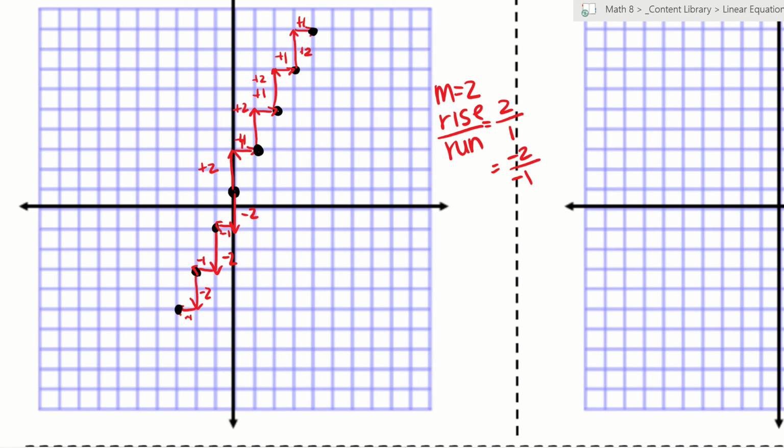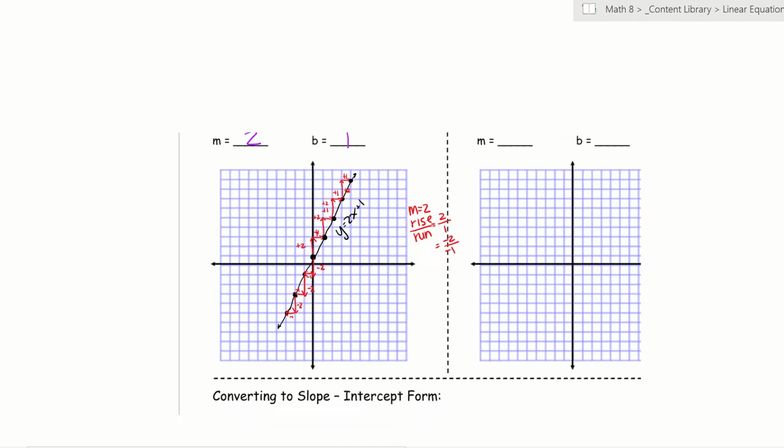It's another point. And once I finish this, I'm just going to graph them together to make a line. Like that. Okay, and then I'll label it y equals 2x plus 1. Okay.